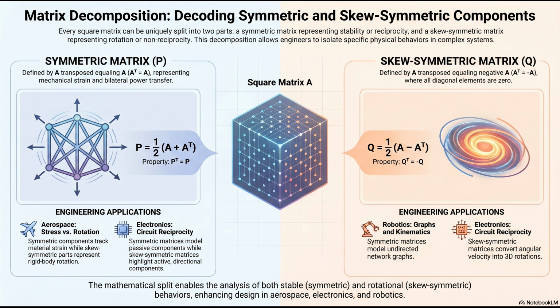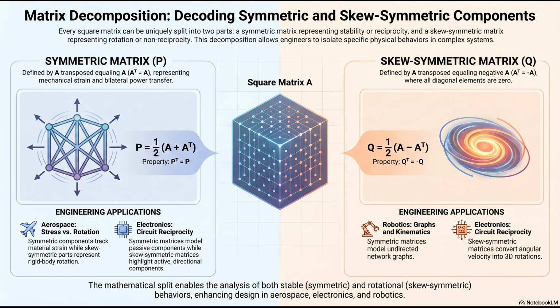The symmetric half decodes the structural stretching of aerospace materials and the passive bilateral sharing of electrical currents. And then you have the skew symmetric half. Right, which, with its strict zero diagonal, decodes the rigid spinning of robotic kinematics and the forced directionality of active satellite circuits. It is just a massively powerful framework. The math basically acts as a scalpel, perfectly separating the superimposed behaviors of physical reality into distinct governable laws.